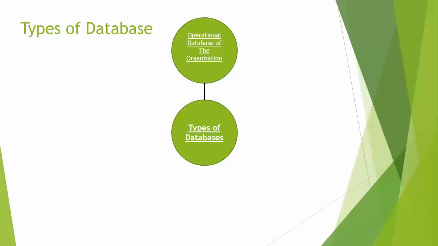They are also called transaction or production-based databases, whereas analytical databases store data and information extracted from selected operational and external databases. Analytical databases are also called management databases or information databases.